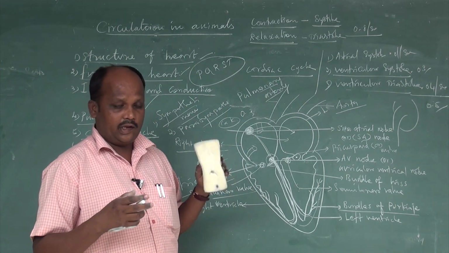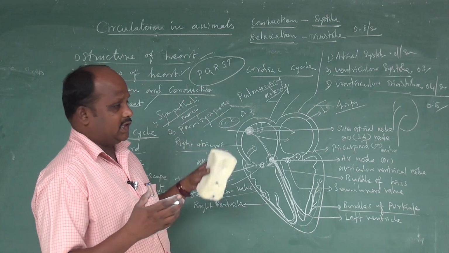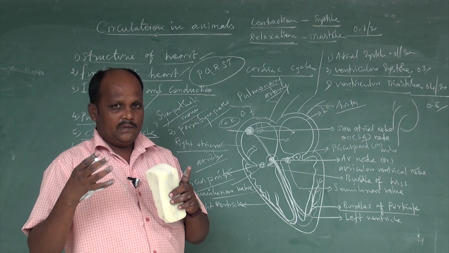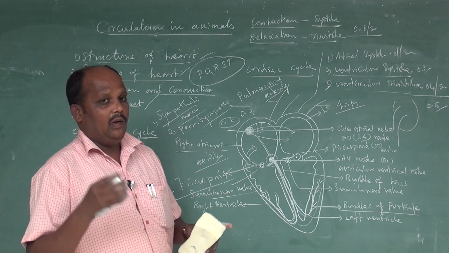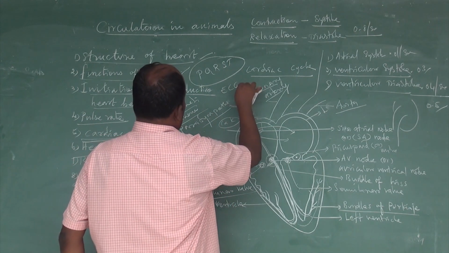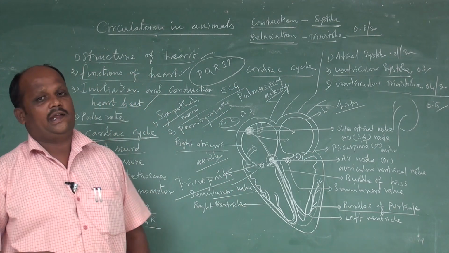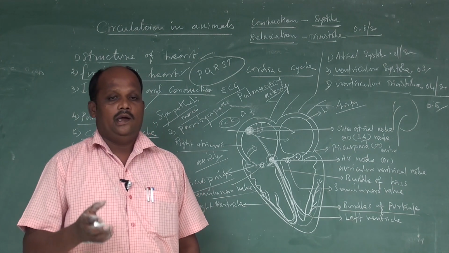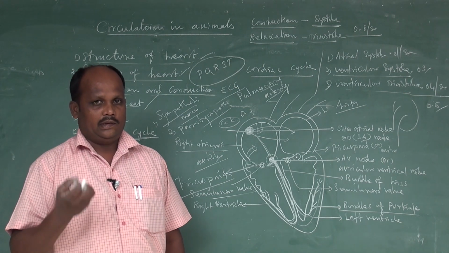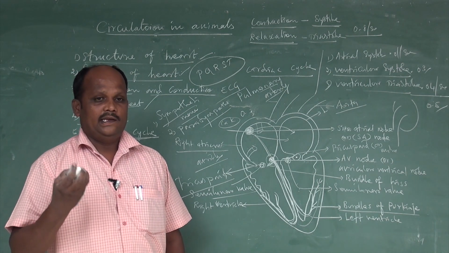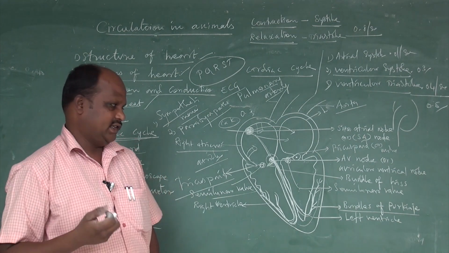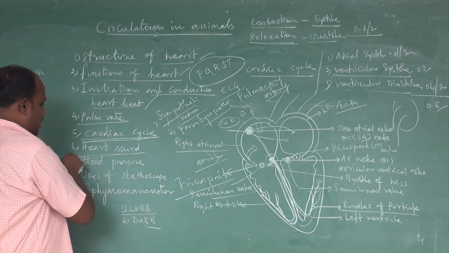To measure heart function perfectly, we observe through one medical instrument, the ECG, which means electrocardiogram. The electrocardiogram is a medical laboratory instrument used to measure heart function. The heart murmur we can observe through the stethoscope, and through the ECG we can measure perfect heart function. So these are the functions of the heart.